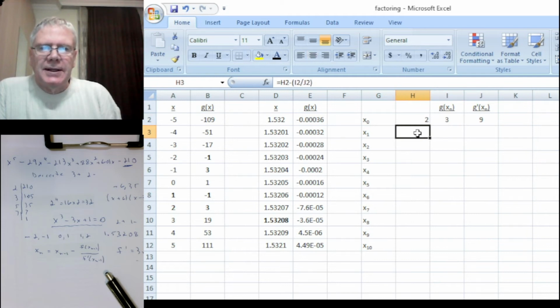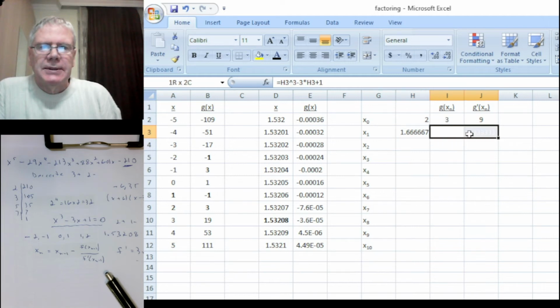So now the next value is based on the previous one. So this is the previous value, minus g over g prime. And this gives me my next estimate. This will be closer to one of the roots.